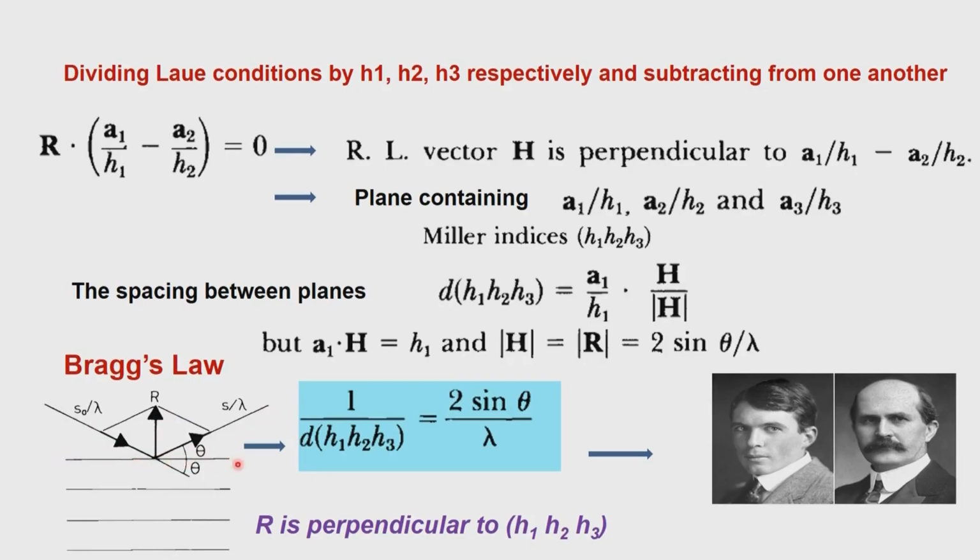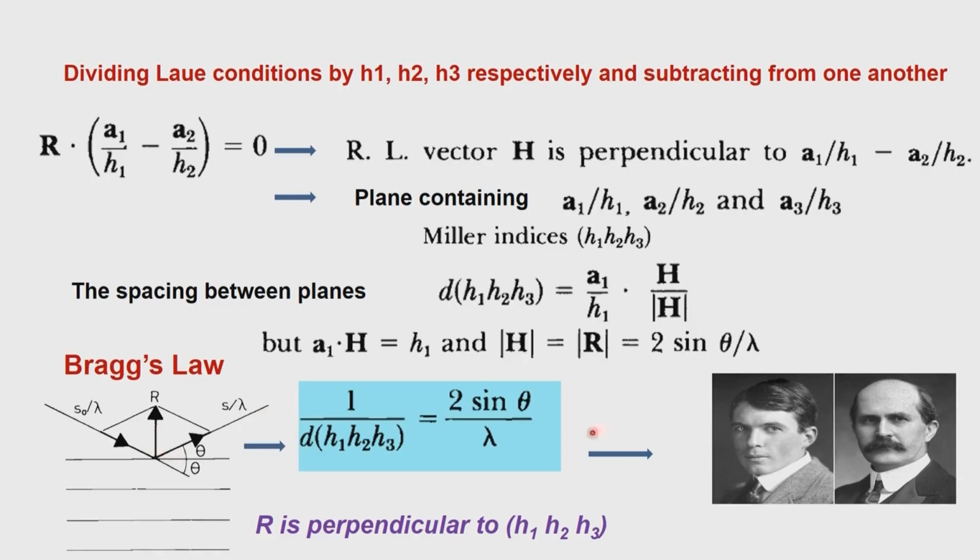So, Bragg and Bragg called this a reflection. This can be approximated to a reflection. Of course, the radiation may go through into this crystal and so on, but from this particular plane in the crystal, we have this S by lambda coming out as a reflection. So, the diffraction now becomes a reflection.